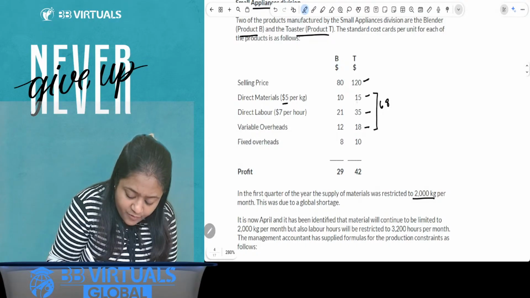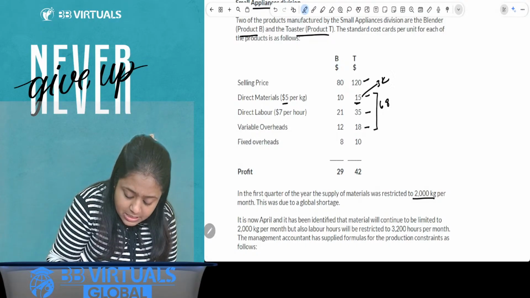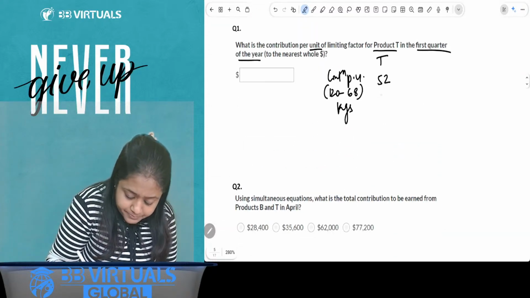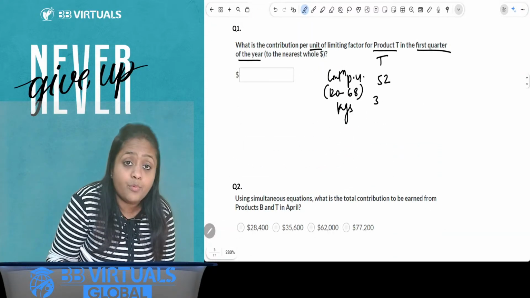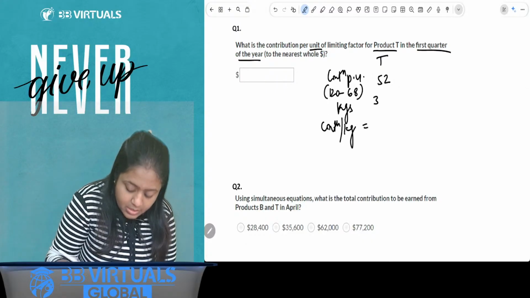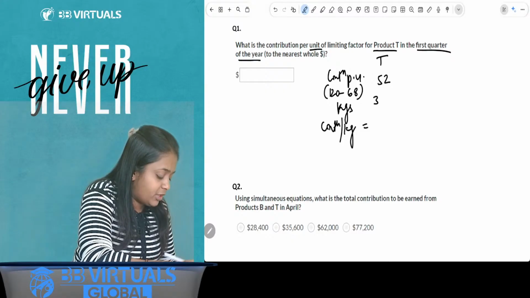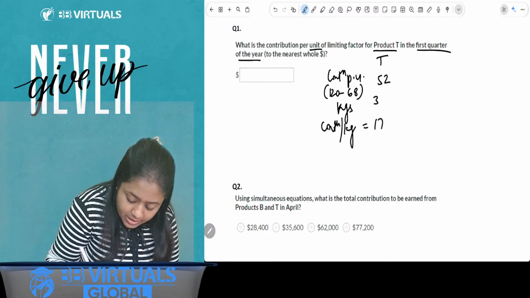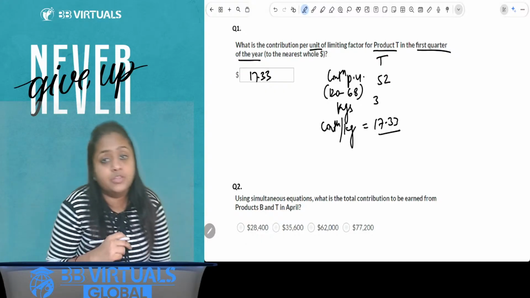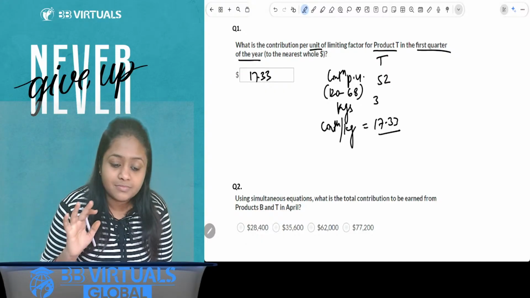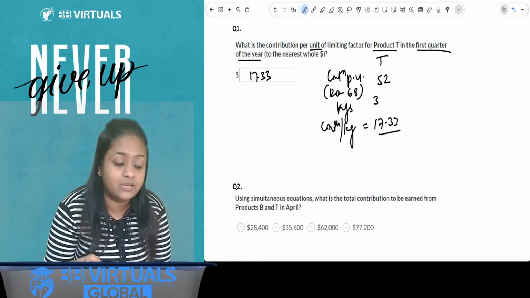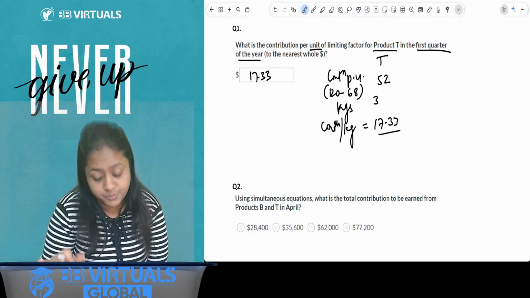This is $5 per kg. So I can say it is 3 kgs, right? Now I will divide by 3 so I will get contribution per kg. Contribution per kg will be 52 by 3, that is 17.33. So my answer will be 17.33. Easy? Clear? All of you please revert in the chat box. Revati, I think you are able to follow and the others as well.